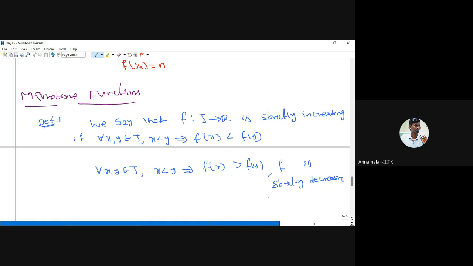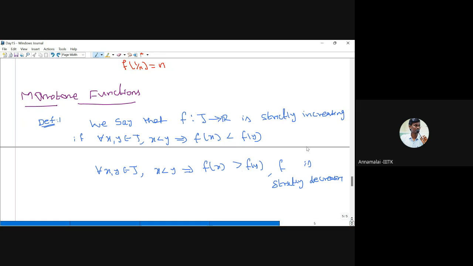Suppose sometimes it is greater than or equal to, or here less than or equal to, then we have to remove that 'strictly' from the definition. But if it is strictly less than, then we say strictly increasing. Otherwise, we say just increasing or decreasing function.